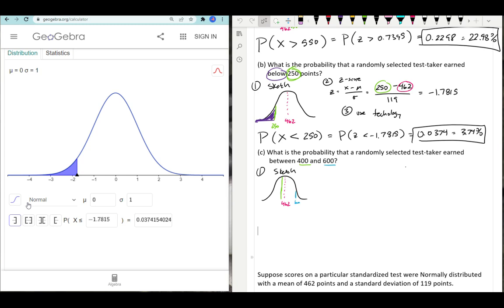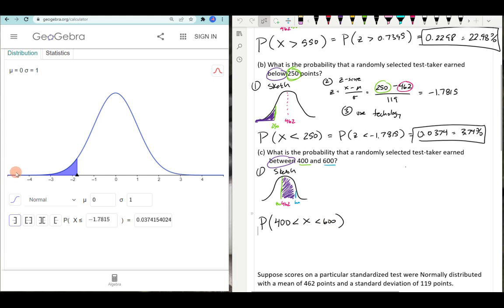Then I'm interested in the area between these two. So the shaded area in this case is a between situation. In terms of probability notation, I'm interested in the probability that the randomly selected test taker is greater than 400, but less than 600. It is between 400 and 600.